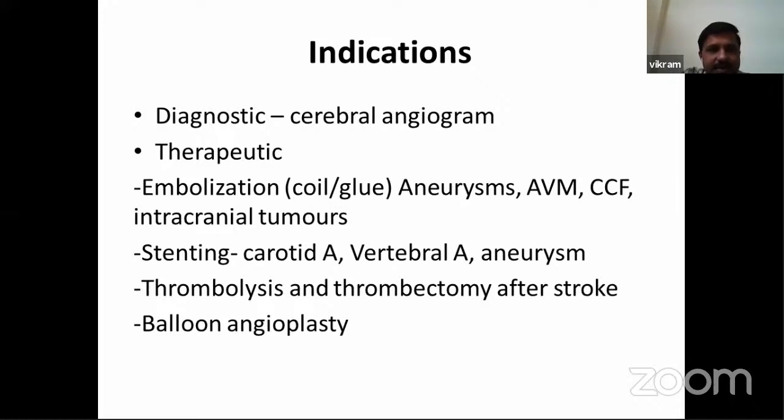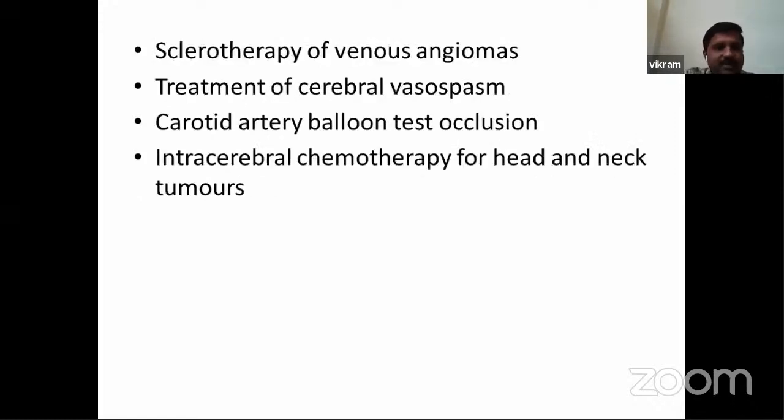The diagnostic mainly is the cerebral angiogram, and for the therapeutic interventions, the list is big. Just to name a few, commonly performed procedures include embolization of aneurysms, arteriovenous malformations, carotid cavernous fistulas, intracranial tumors, and stentings to carotid and vertebral artery, thrombolysis and thrombectomy after stroke, balloon angioplasties, sclerotherapies for angiomas, treatment of cerebral vasospasm, carotid artery balloon test occlusion, and intracerebral chemotherapy for tumors.